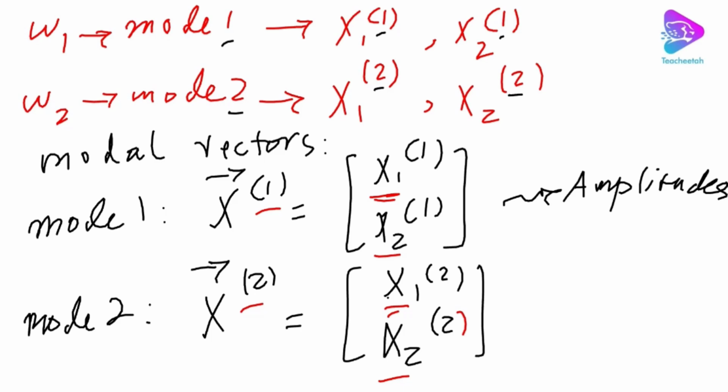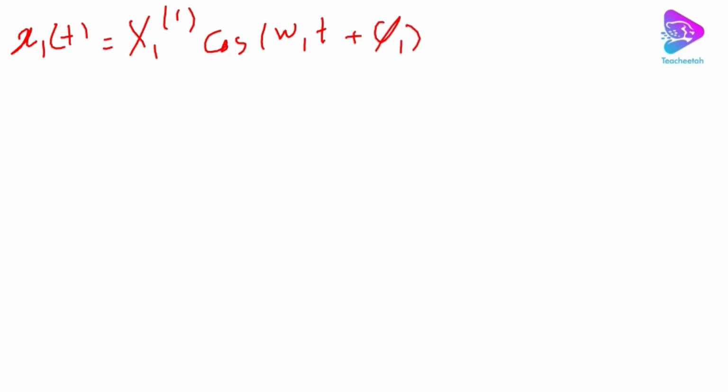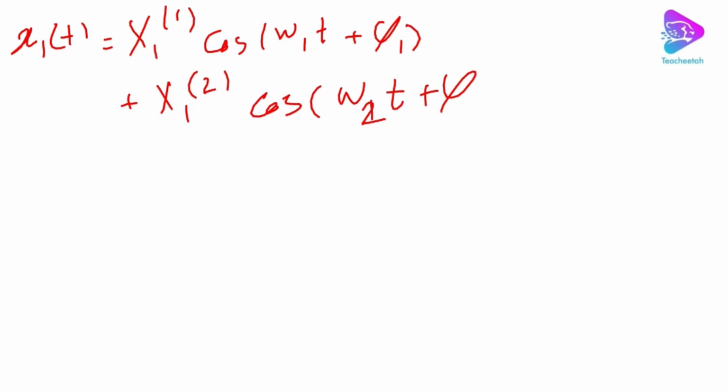Our final response of the system for the first mass, written as little x1(t), is the combination of the two modes: x1 1 cos(omega 1 t plus phi 1) plus x1 2 cos(omega 2 t plus phi 2).